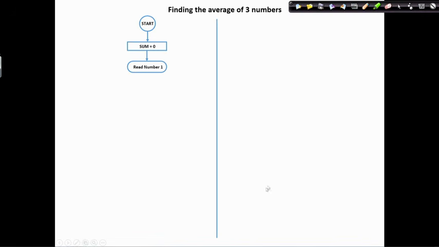Next, I add that particular number to the sum. The sum was initially 0, so I add 5 to the sum, and the total sum becomes 5.